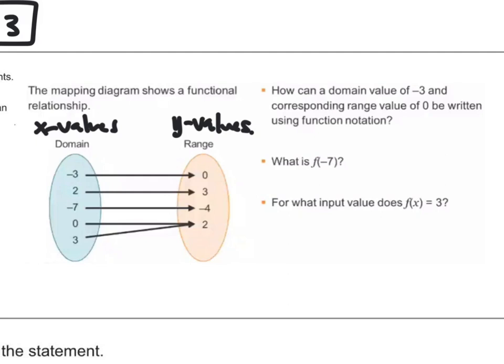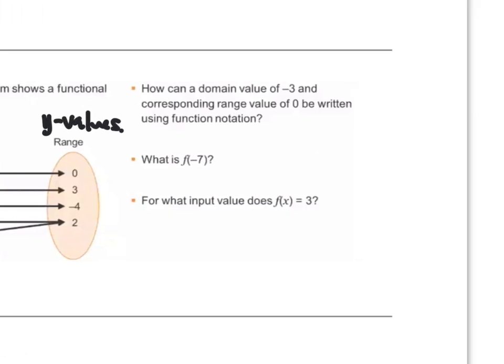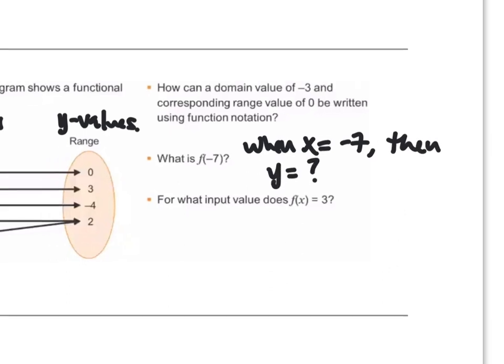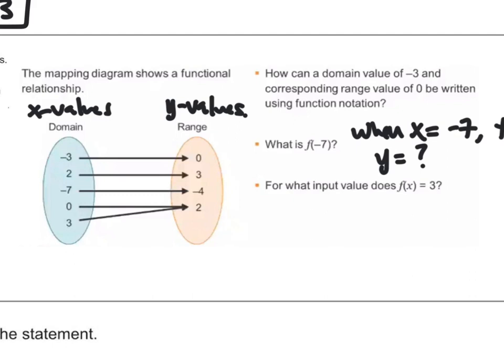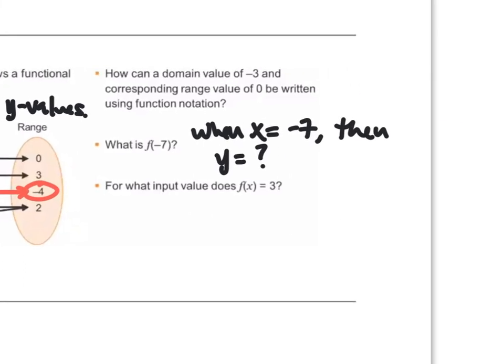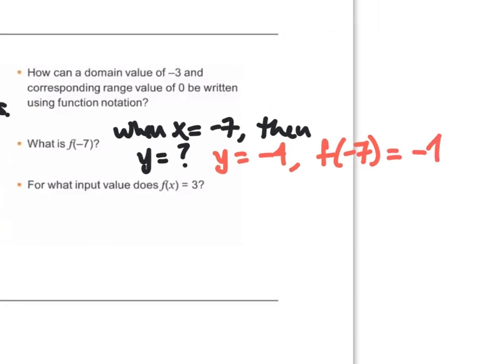So we ask the question, when x equals negative 7, then y is equal to what? If negative 7 is my x value, then my corresponding y value is negative 4. So I'm just going to write that y is equal to negative 4, or you could just say that f of negative 7 is equal to negative 4.